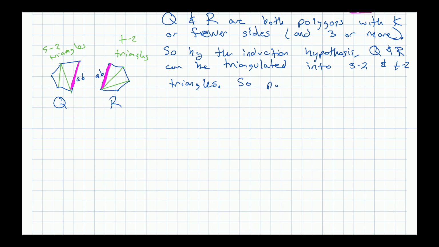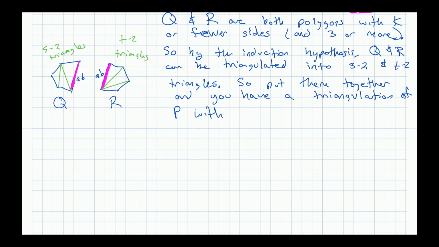So put them together, and you have a triangulation of P. With how many triangles? Well, we know that Q has S minus 2 and R has T minus 2.